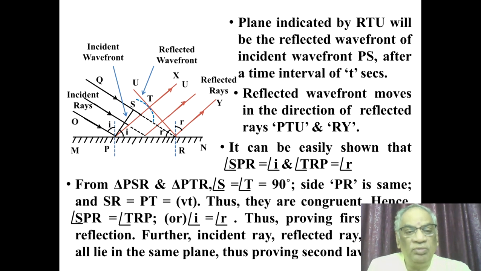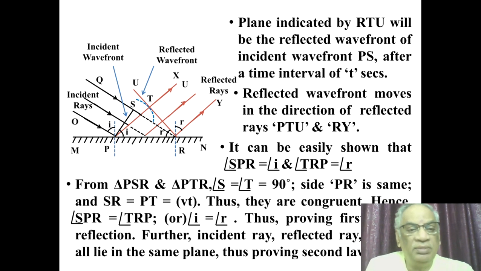Now, following simple geometry principles, it can be easily shown that angle SPR is equal to the angle of incidence i at the point P, and angle TRP is equal to the angle of reflection r.